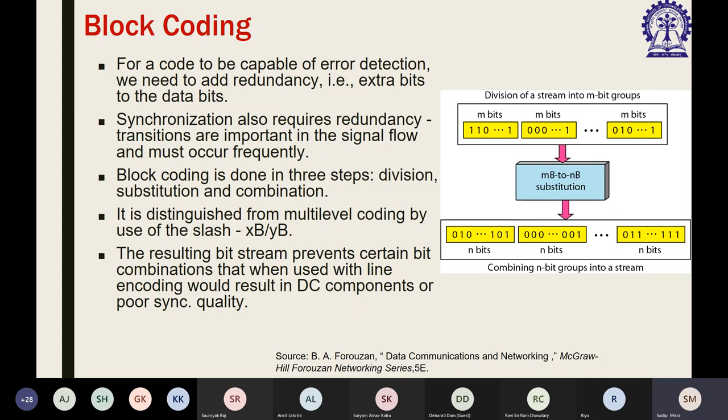So this basically is useful to resolve the issues of error detection, and also it can take care of synchronization to some extent, right? So how is it done? It is done with the help of something called block coding. Block coding basically will give a code that can help in error detection, and also it will aid in synchronization.